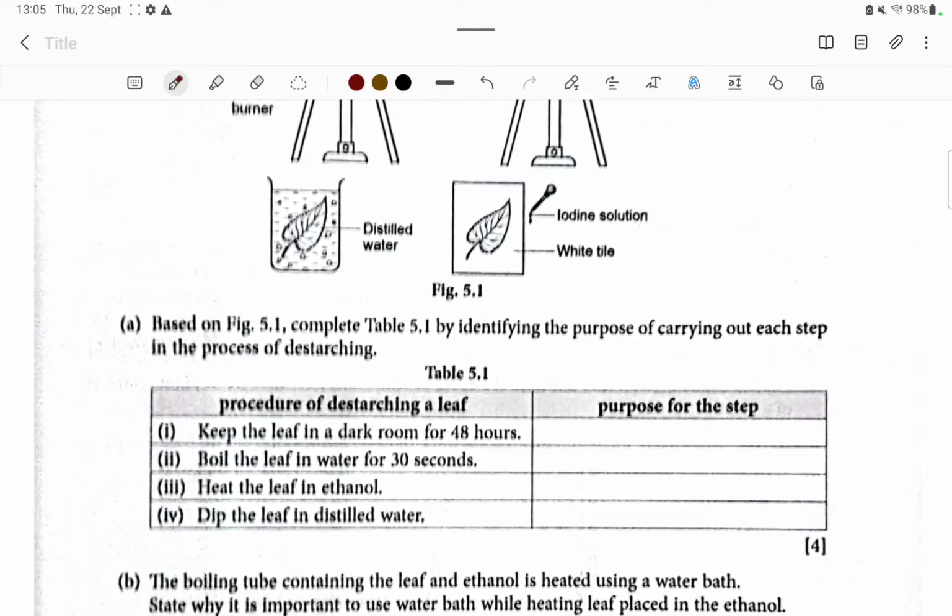Based on figure 5.1, complete table 5.1 by identifying the purpose of carrying out each step in the process of destarching. Okay, let's see. The first one, keep the leaf in a dark room for 48 hours. If dark room means no photosynthesis can occur.